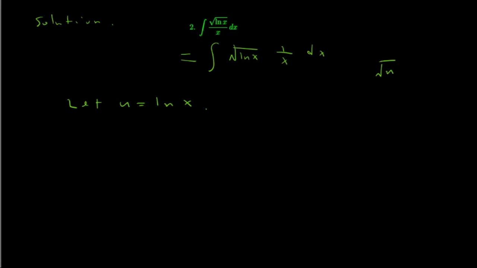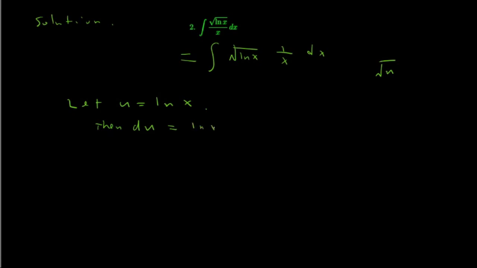After choosing u, the next step is to compute the differential of u. The differential of u is denoted using du, right? Now let's recall the differential of u. The differential of u, du, is equal to the derivative of u times dx, the derivative of natural log of x times dx. Maybe I'm going to write one more step.